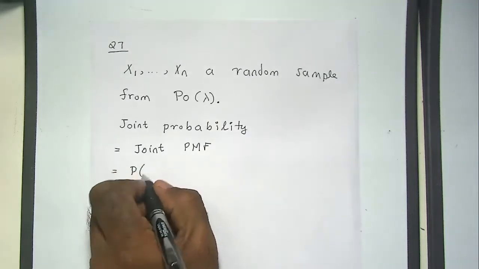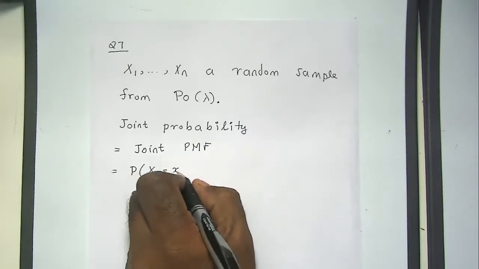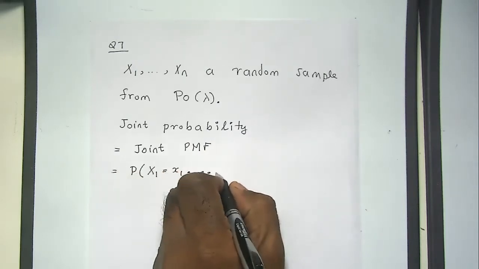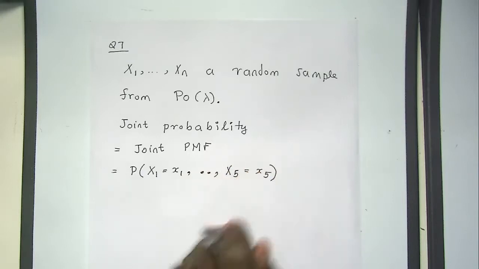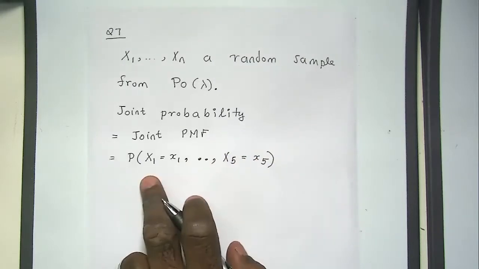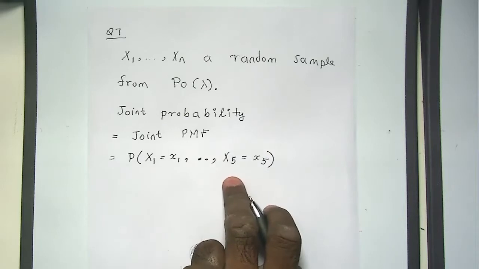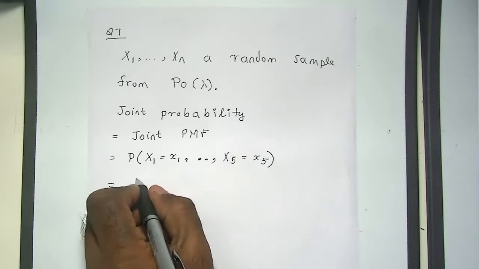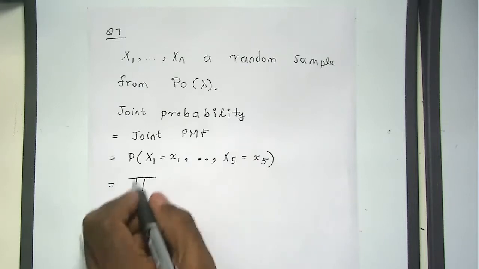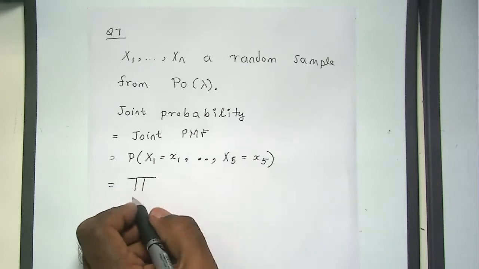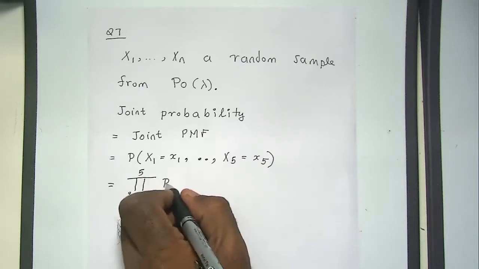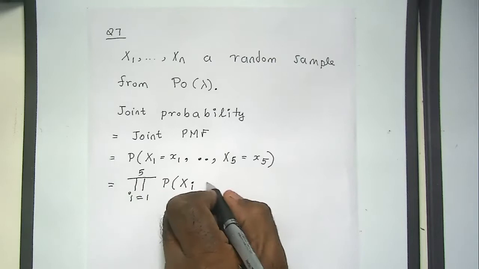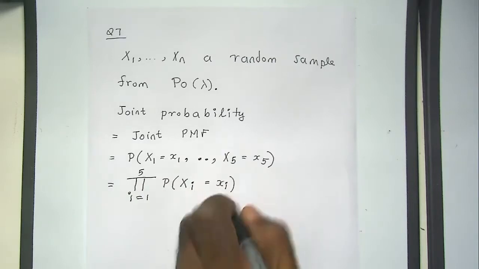Which is the probability that capital X1 and so on. Because you have a random sample, X1 to X5 are independent random variables, so you can write this as the product. This sign here means product, guys, if you don't know that already. It means product i from 1 to 5 of the probability that capital Xi equals little xi.